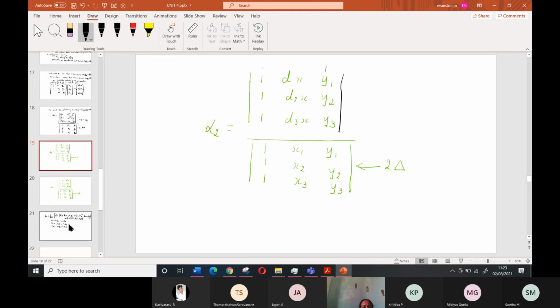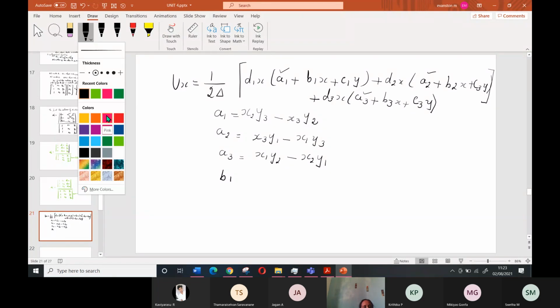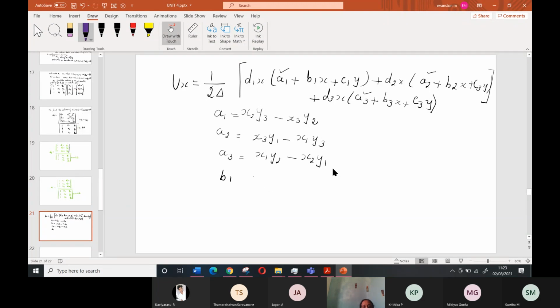So you have found out the values. Let me also write them, using some blue color for the values of B1, B2, B3. Can you tell me the value of B1? Somebody read it for me, because it is on the previous page.